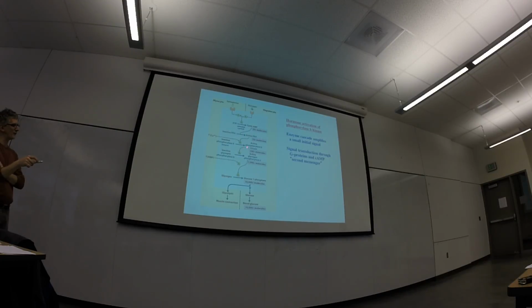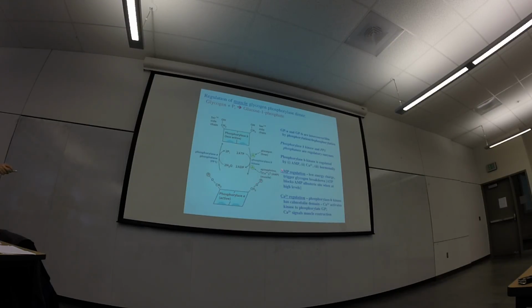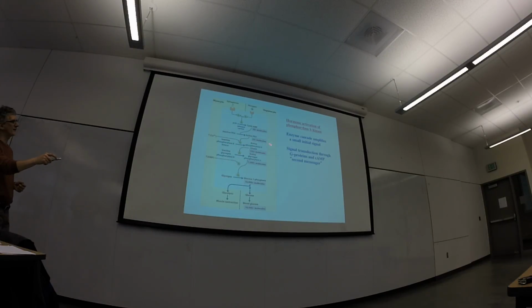It also phosphorylates a protein called phosphorylase kinase. When that's phosphorylated, it can phosphorylate glycogen phosphorylase. So here's phosphorylase kinase, right here. And then we get glycogen phosphorylase and we get glucose, right?